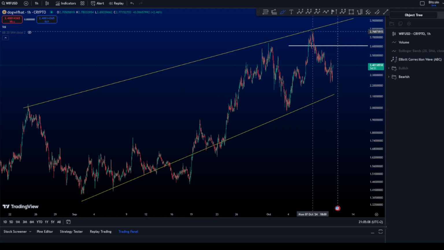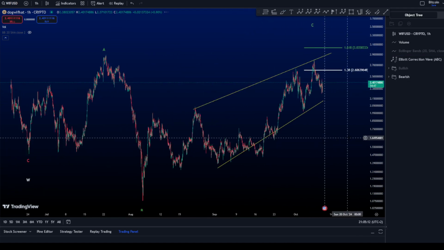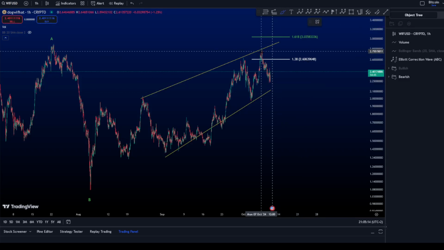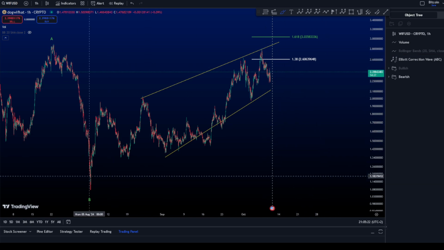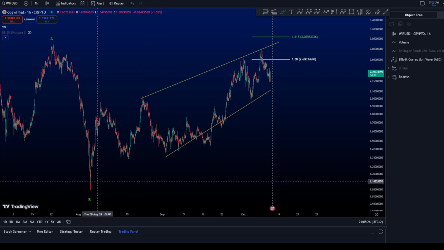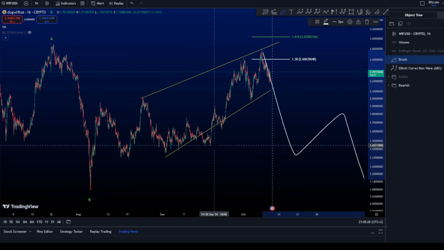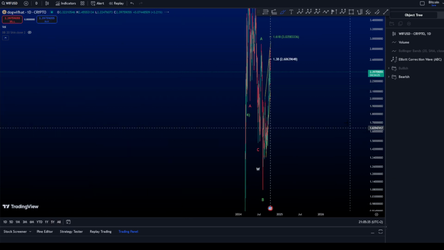After this, of course, you are looking for a correction anyway, or for an impulse. So by all means, in both scenarios, you are looking for lower prices now, because if you are at 1-2, you need 3 waves towards the downside, and if you are bearish, you need a zigzag towards the downside. Therefore, lower prices are required here in both scenarios.